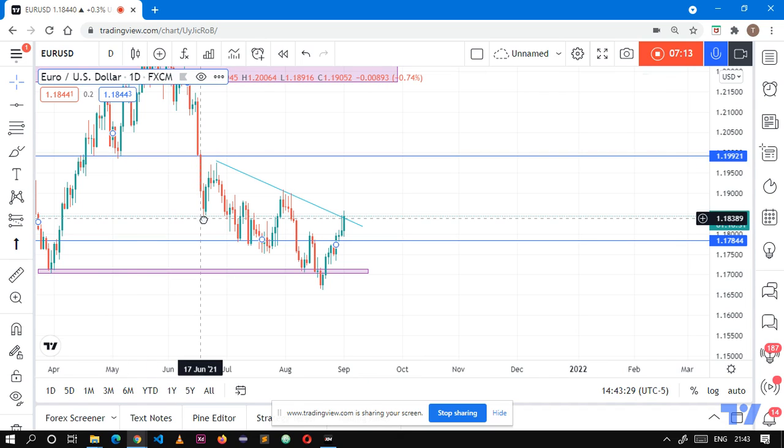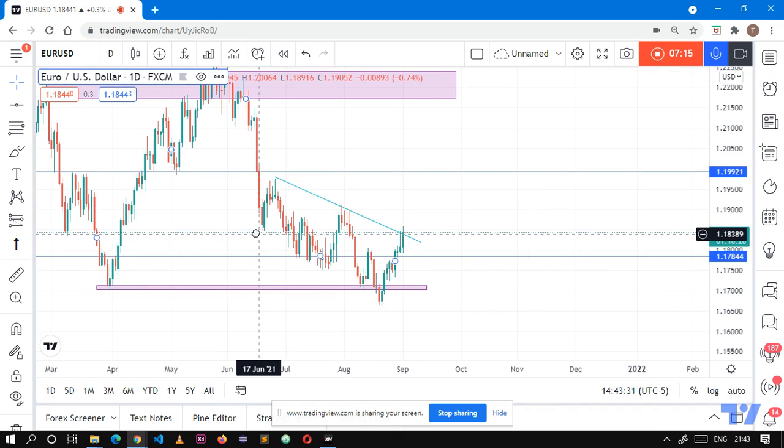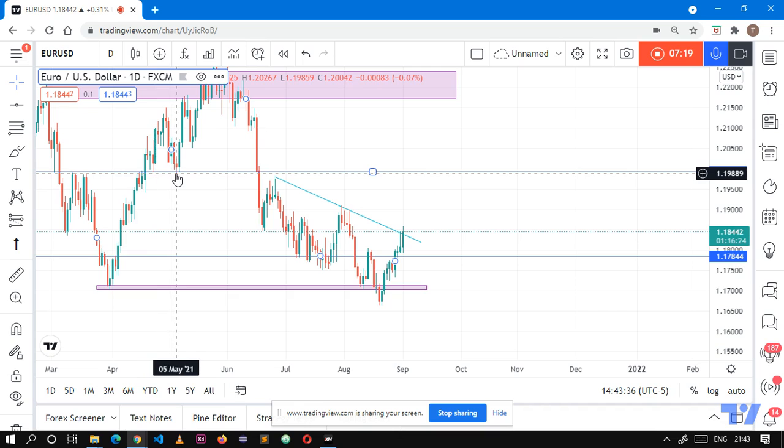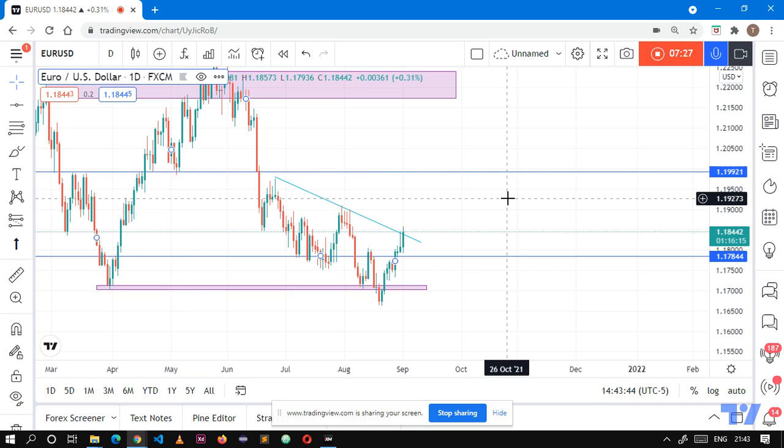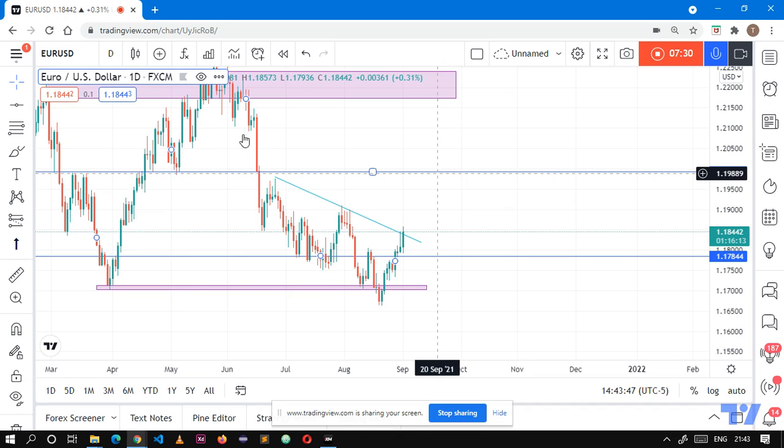Why? If you look left, we have obviously previous support here, supported by 2 points, and also was previous resistance. So that is a very important level. So we could potentially come to that level.